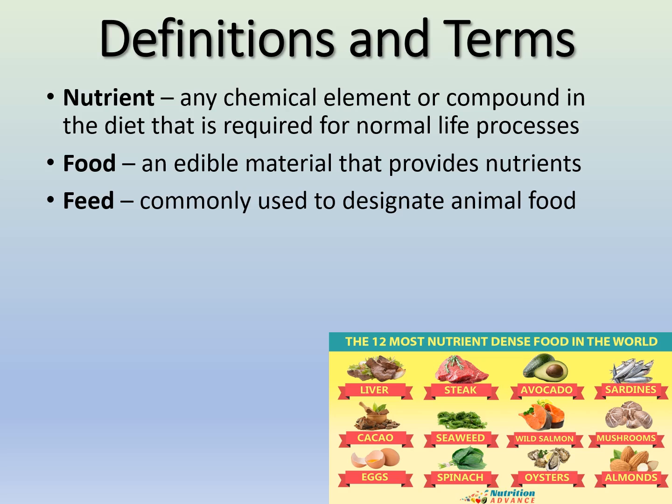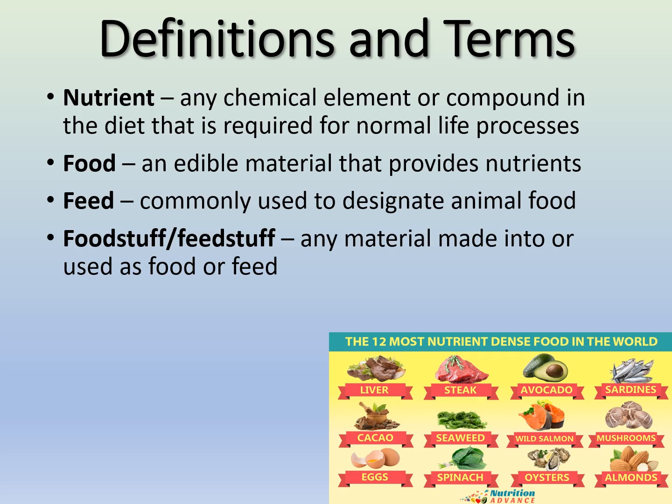And a feed is just something that we commonly use to designate animal food. So we usually don't use the word feed when we're talking about human food, right? So that's just a little bit different in terms of human versus animal food. And so foodstuff or feedstuff is material that can be made into or used as food or feed, right? So something that can be processed maybe into a feed.